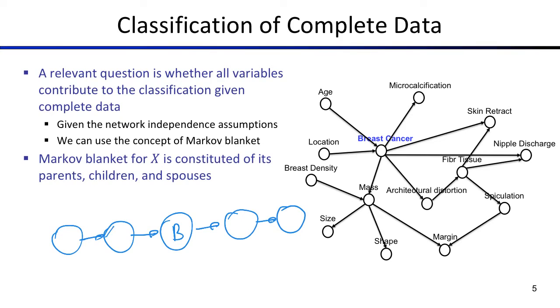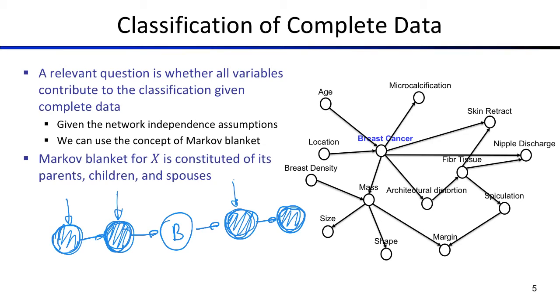And if we have those variables observed, we know by d-separation that some of these variables will be independent of B. Because we have observed this one here and this one here, it will make this variable independent of B. When we say independent, we say that observing this variable will not change the probability of B. And observing this variable here also does not change the probability of B, because this node and this node are blocking the influence of those variables to B. So this is interesting, right?